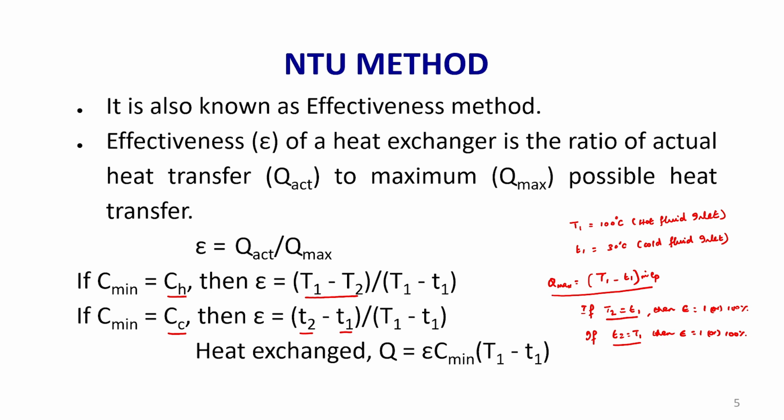Capital T1 minus small t1 remains the same, only this part changes. Epsilon, the symbol used to represent the effectiveness of the heat exchanger, remains the same; only this will change according to the heat capacity.